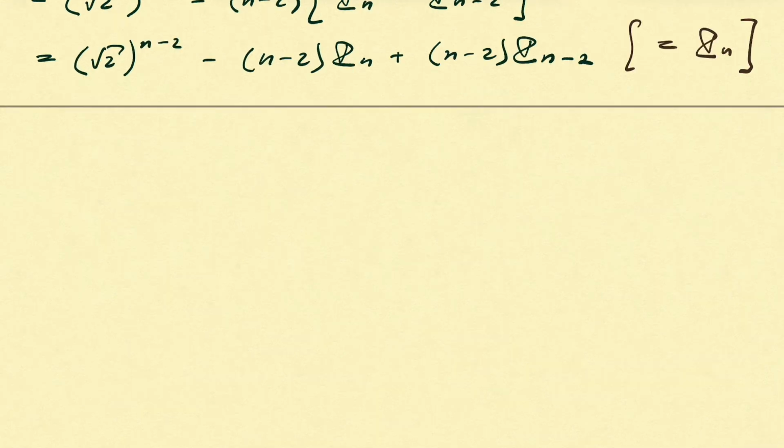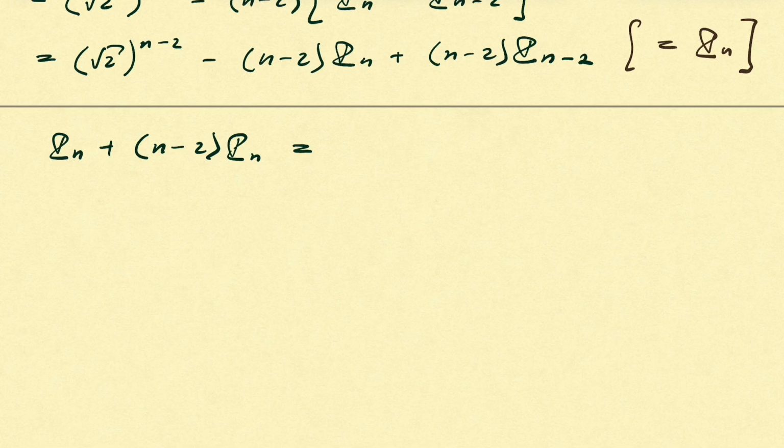Well, now we can write that I sub n plus n minus 2 times I sub n is equal to square root of 2 to the power of n minus 2 plus n minus 2 times I sub n minus 2.